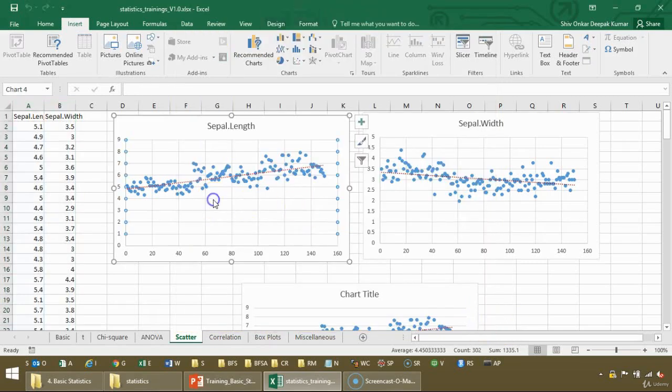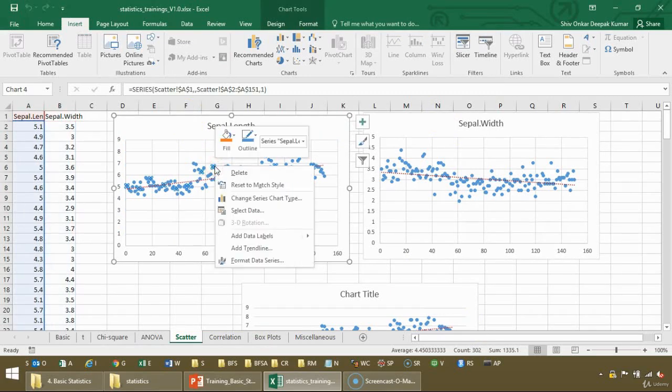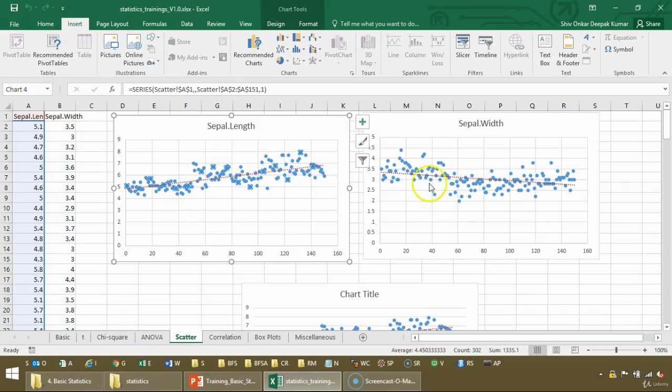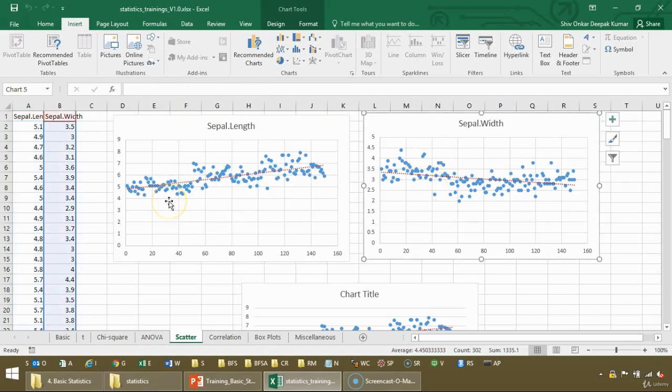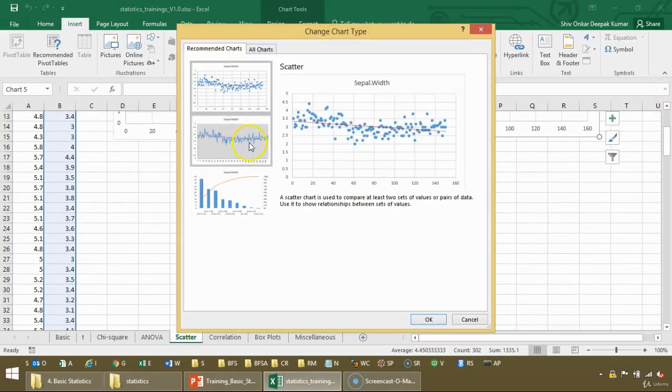Here I have drawn both one by one, and you can put the trend line. Once it is drawn, you can add the trend line, like Add Trendline. This is what it will add. This is for the individual ones, and this was together, which I had shown you over here.